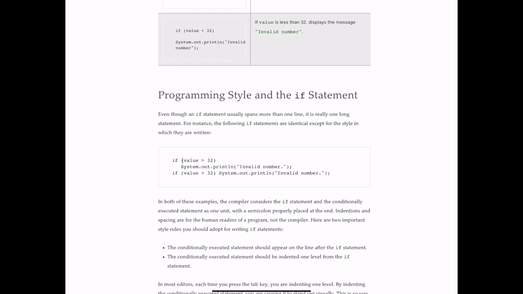It is a far better programming practice to put the curly braces here and here so that we can see that, oh, okay, this System.out.println in fact belongs to the if statement, and this if does not belong to that statement. Here again, could you put on this line the rest of the if statement?